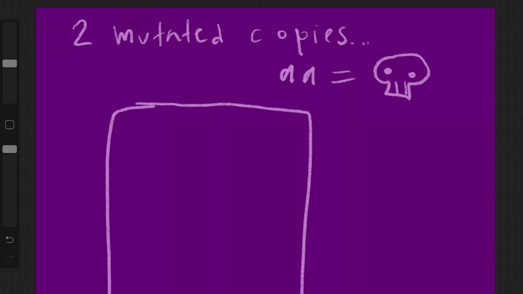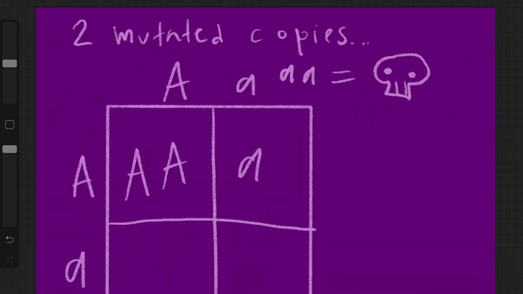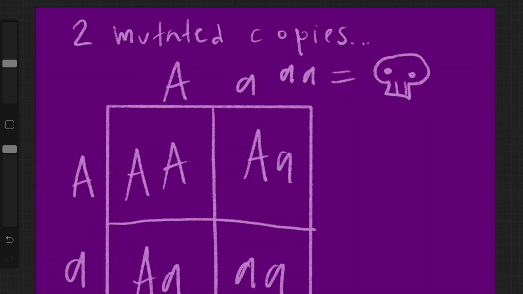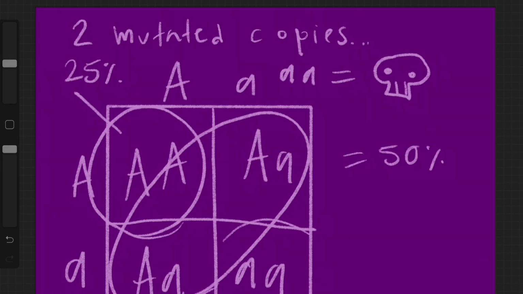Something important to note is that if two mutated copies of homozygous achondroplasia are inherited, that is always going to be fatal for the offspring. If we were to figure out the potential outcomes for the baby if two people with achondroplasia, Aa, were going to mate, their offspring would have a 25% chance of being normal stature homozygous, 50% heterozygous having achondroplasia, and 25% chance of death, inheriting homozygous achondroplasia.